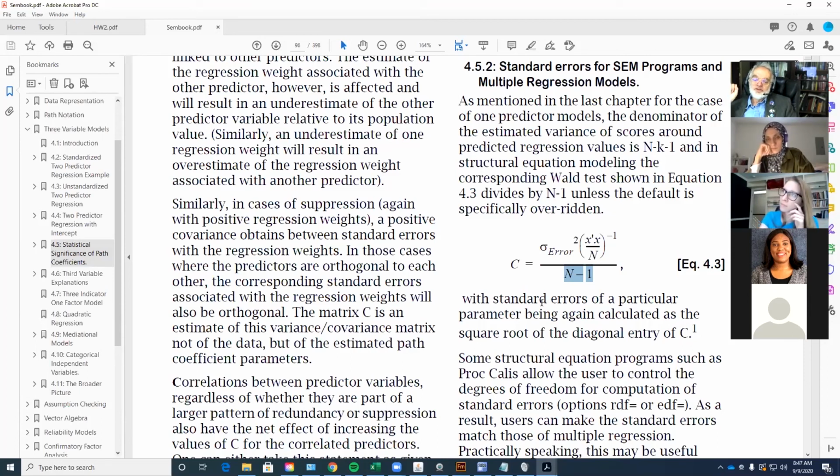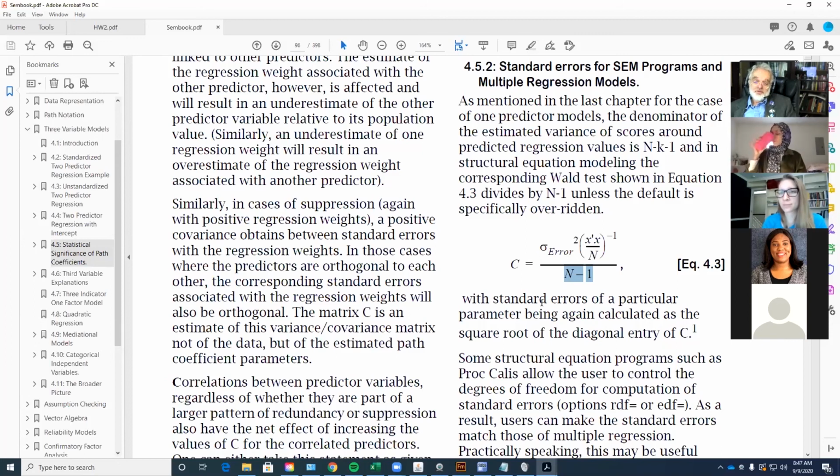So C is going to be a little bit bigger, a little bit smaller than it ought to be if you were doing a regression model. And the reason that we divide by n minus 1 instead of n minus k minus 1 is in structural modeling, there's nothing that guarantees that I can even point at one variable and say this is a predictor. So I just divide by n minus 1 instead of n minus k minus 1.